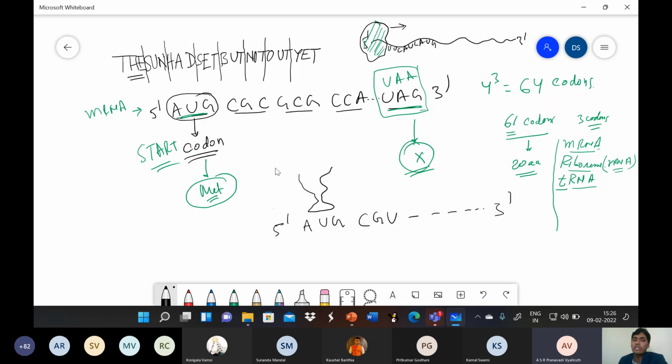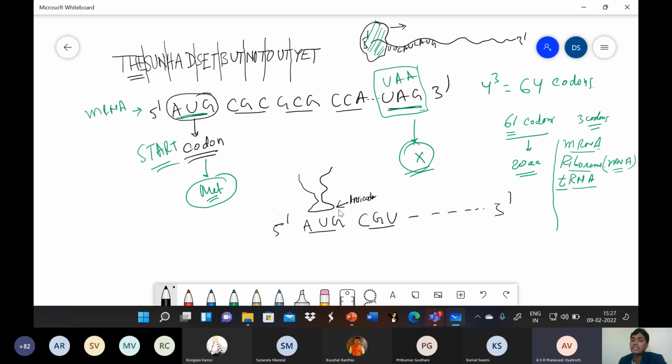Now, I told you that this is a codon, 3 nucleotides, this is a codon, and this is a codon here. And tRNA is RNA, so this is also a polymer of ribonucleotides. This is a codon, and the sequence present in this loop is called the anticodon.